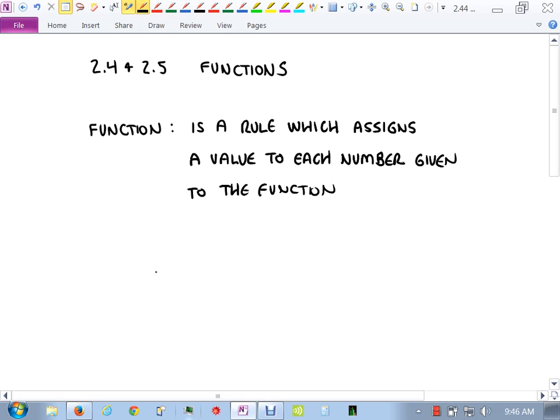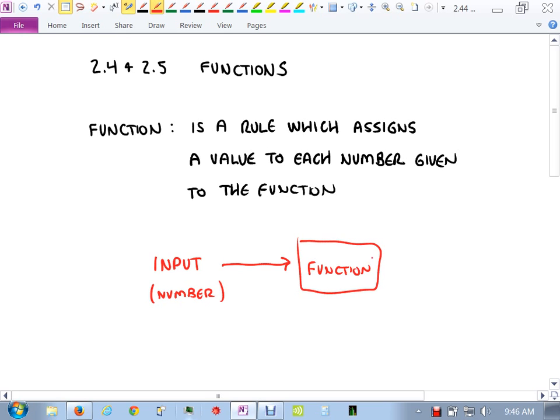Another way to look at it is you have input, which is a number, goes through some function, comes out the other side as an output, and that's also a number.